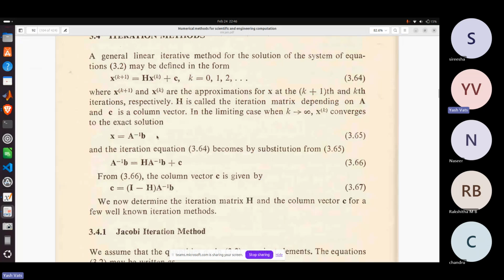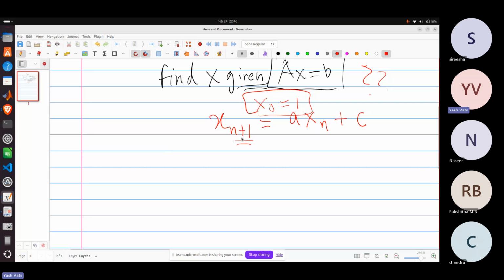So x_n converges to x when n approaches infinity. It's kind of complicated language, but you don't need to remember it anyway.